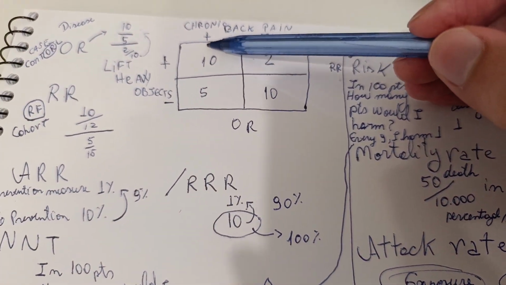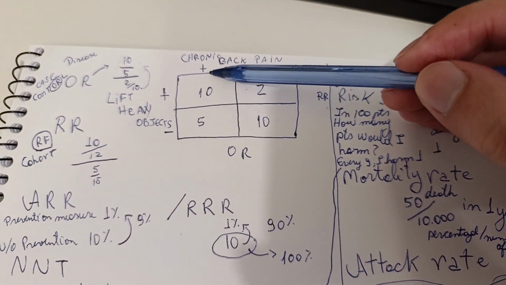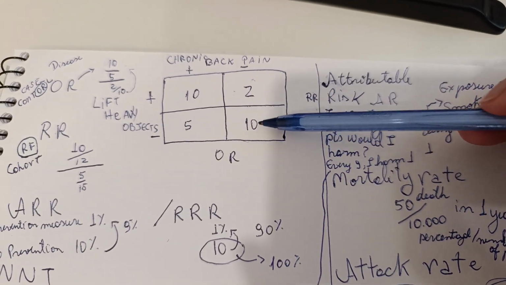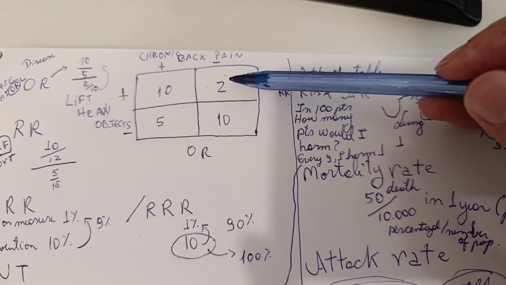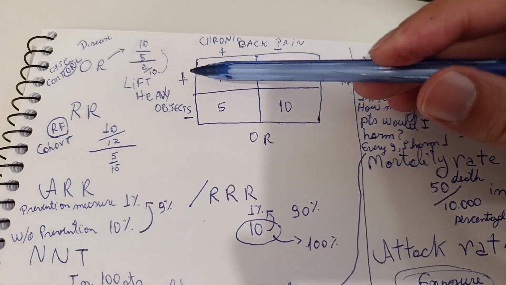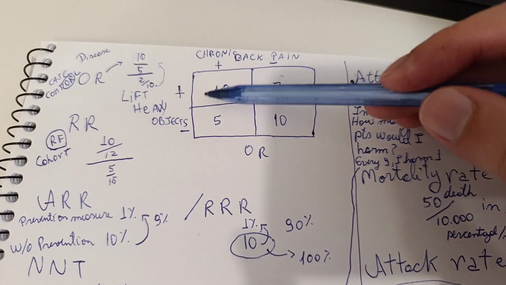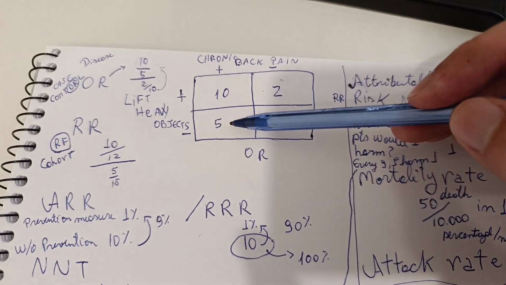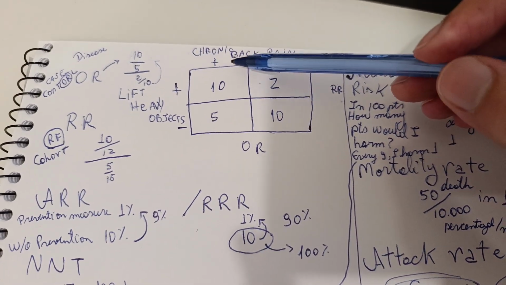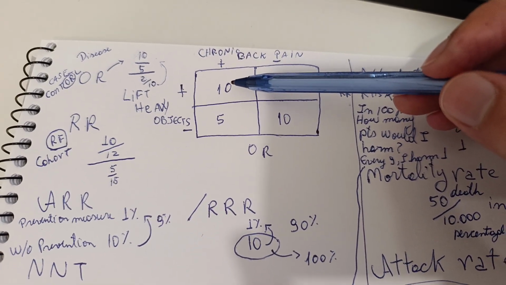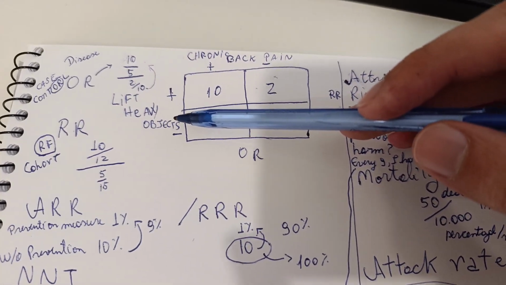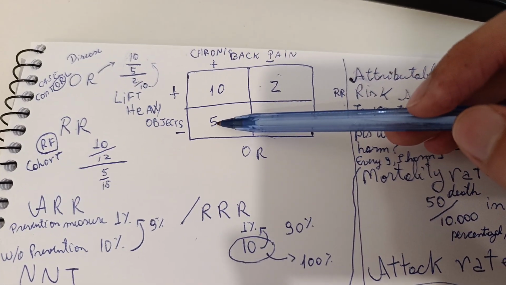So the disease is here. So these are all the patients that have the disease. And these are all the patients that don't have the disease. So in this case, we have 15 people that have the disease. And out of that 15 people, we have 10 that lift heavy objects and 5 that don't.